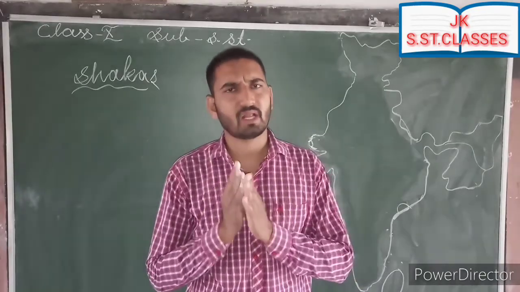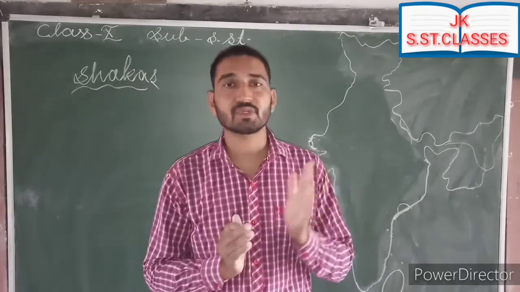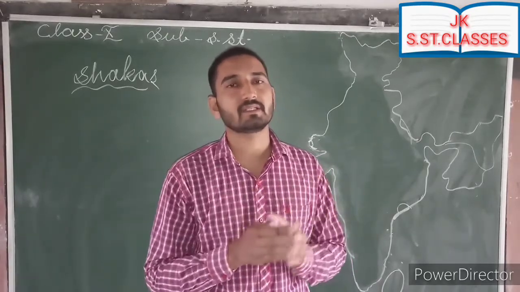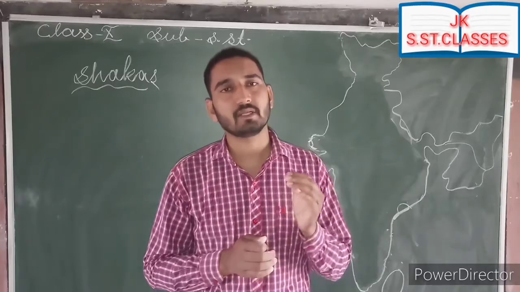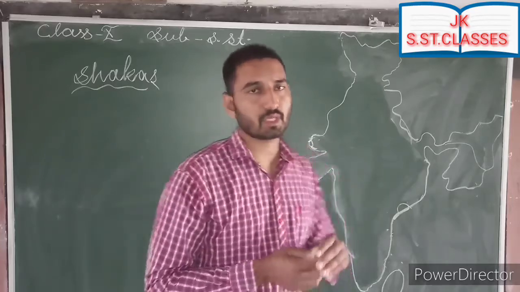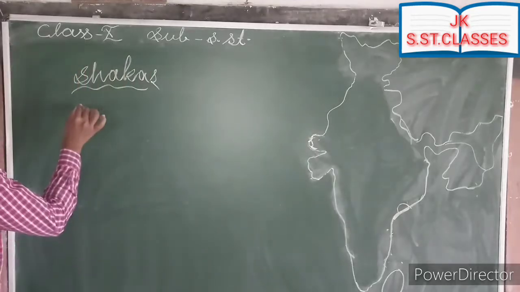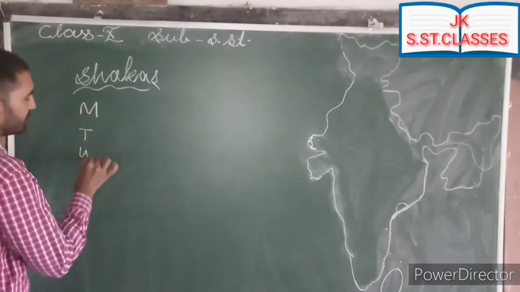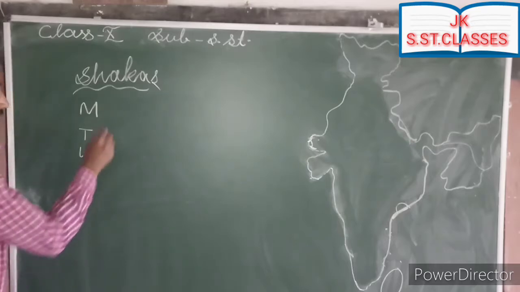Generally, the major branches of administration established by the different leaders of the Shak tribes are divided into 4 parts.